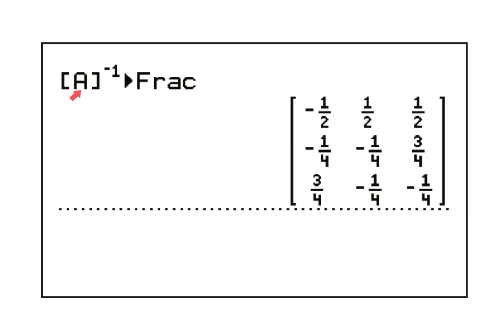In this case, the matrix is labeled A. Then on your calculator, you have an X to the -1 button. You click it and you see that you now have the matrix to the -1.